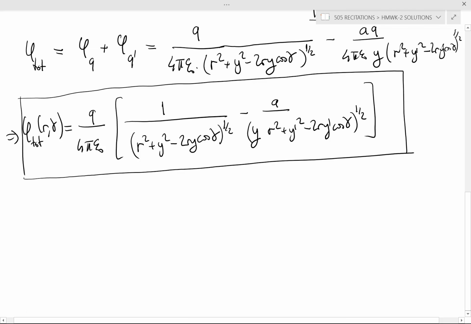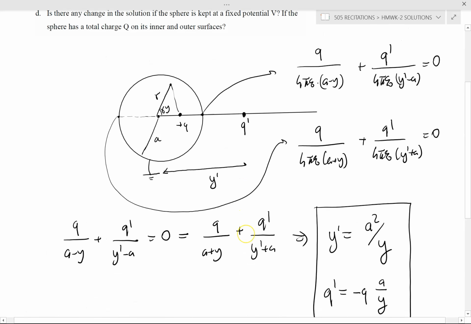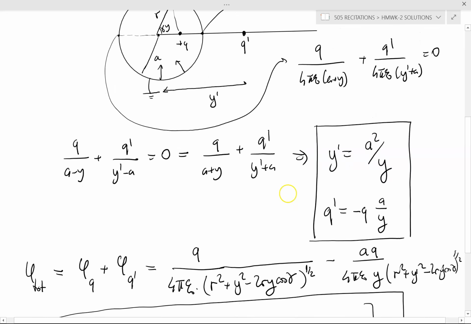Very well. Now what about the E field, right? E field at the surface. That is, we would like to find out. For instance, I do know that it is perpendicular to the spherical surface, but how can I find it?